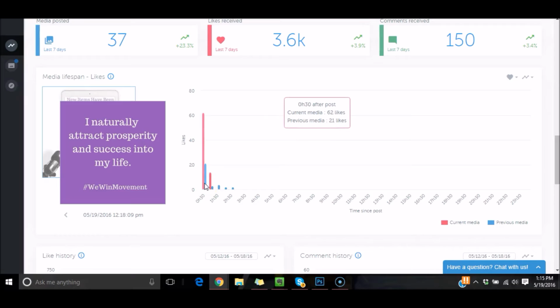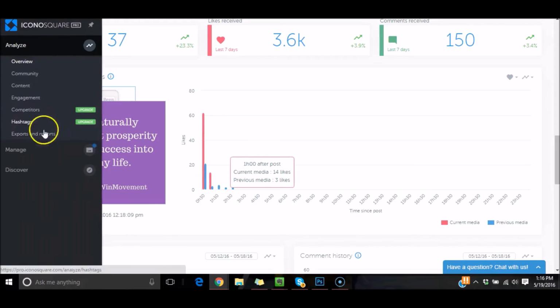Are you guys seeing that? So it's measuring every 30-minute interval, okay? For the hour interval, it's saying an hour after the post, we got another 14 likes, and the previous picture before that only got 3.